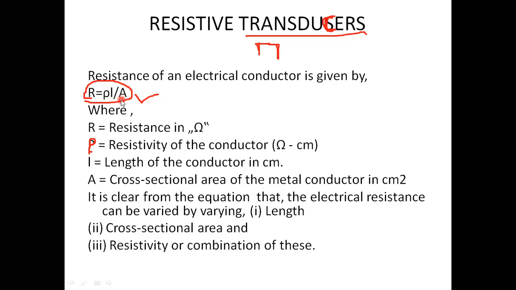So resistance of a material varies if any one of these parameters rho, L, A varies. So if a transducer works on the principle of change in resistance, then it is called a resistive transducer.